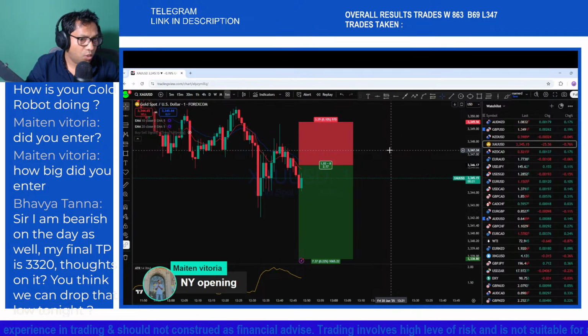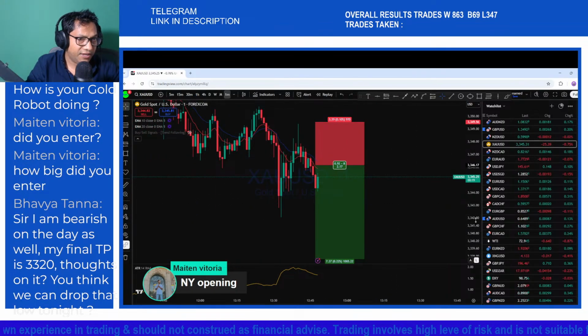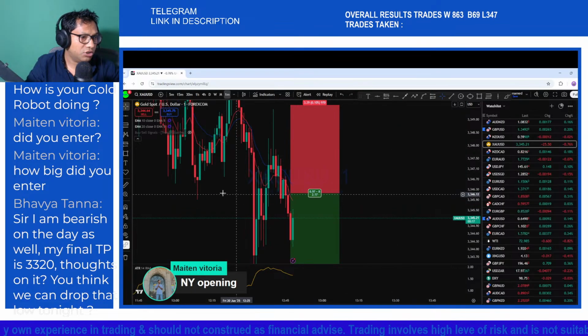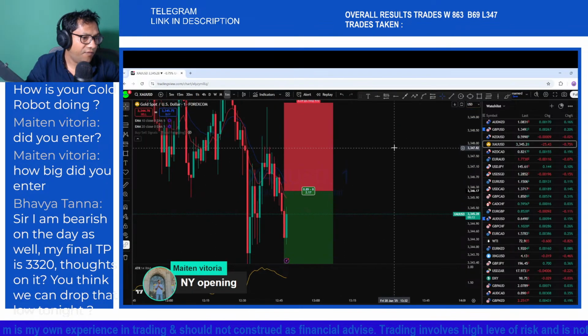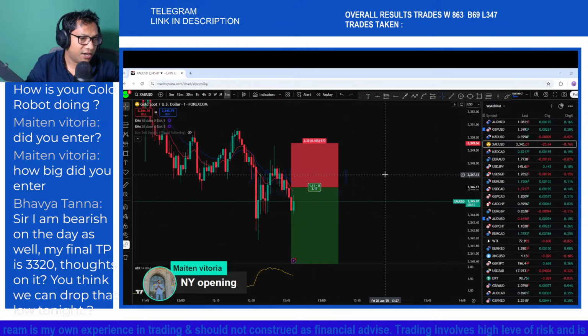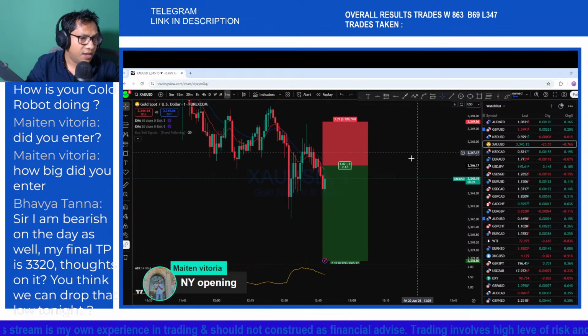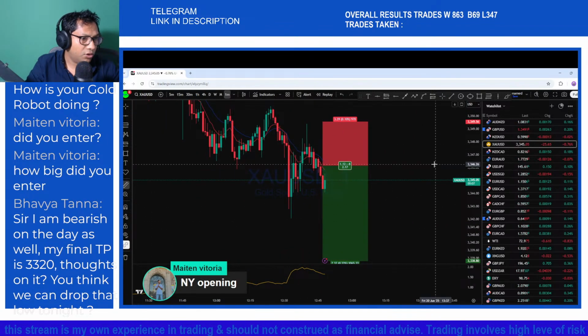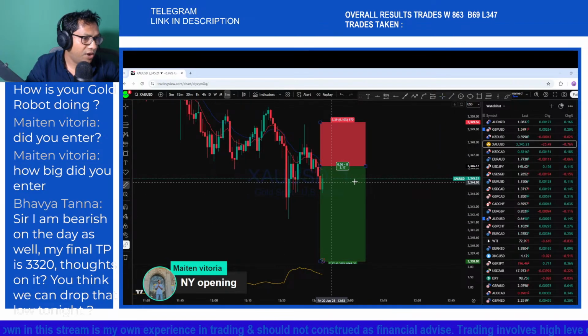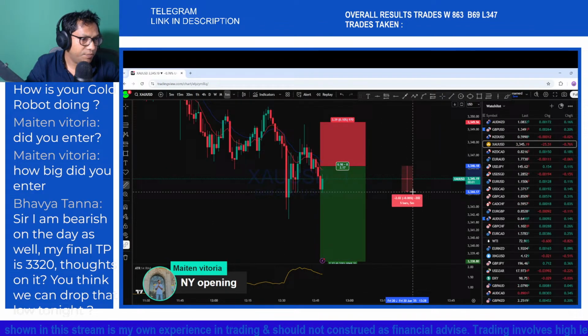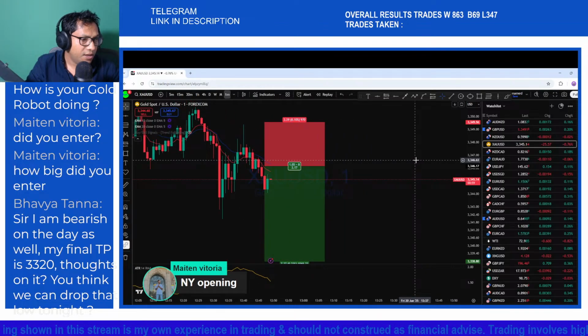We would like to see one more rejection back here. It's a very tight stop loss here, and we have only 35 pips stop loss in this volatile market. It's not a big one, and so therefore we have seen so far a 19 pip, 20 pip move.